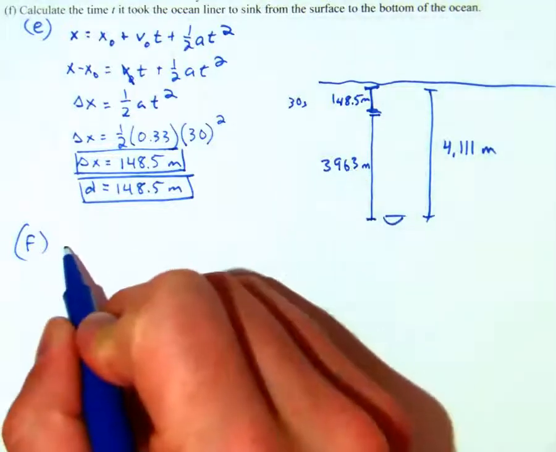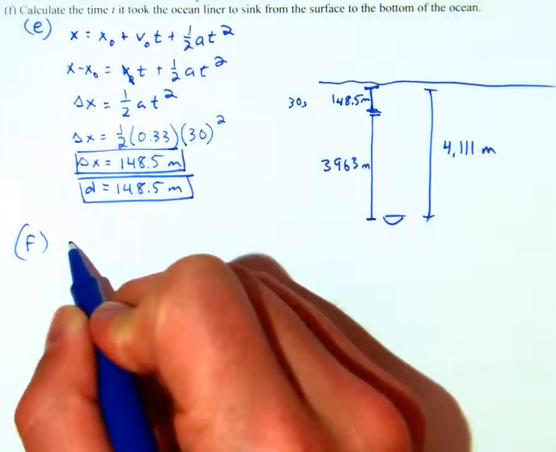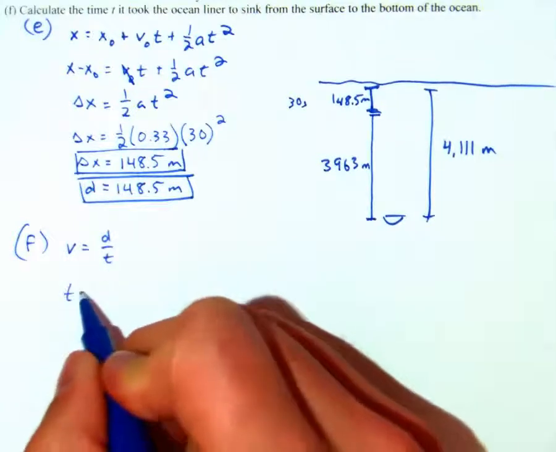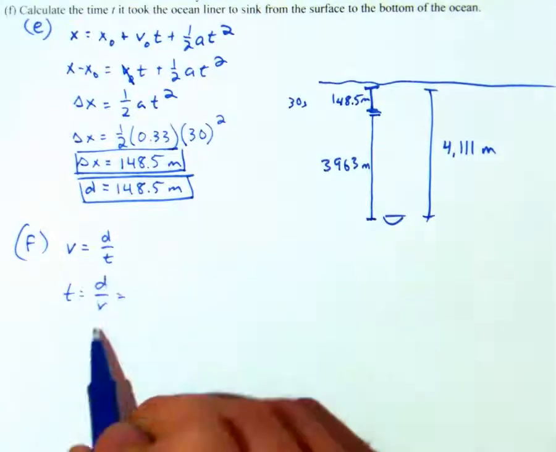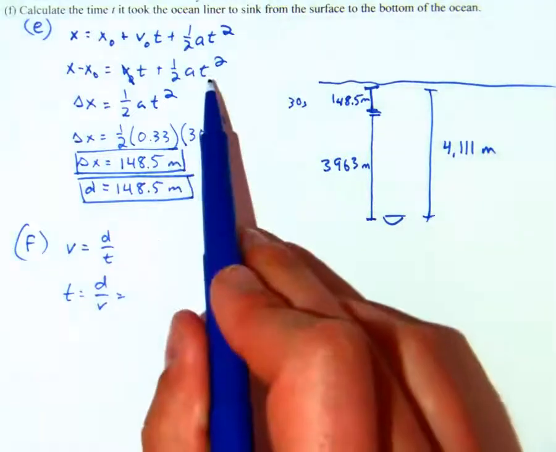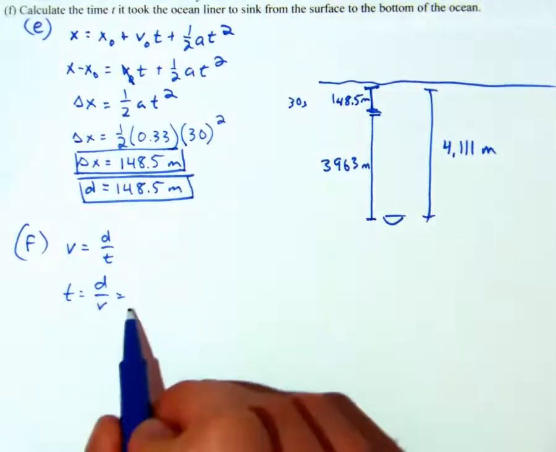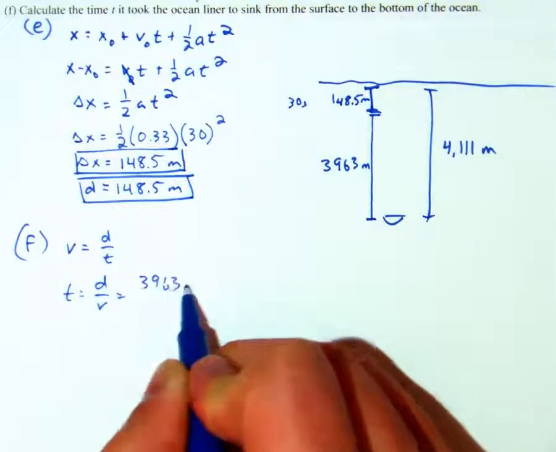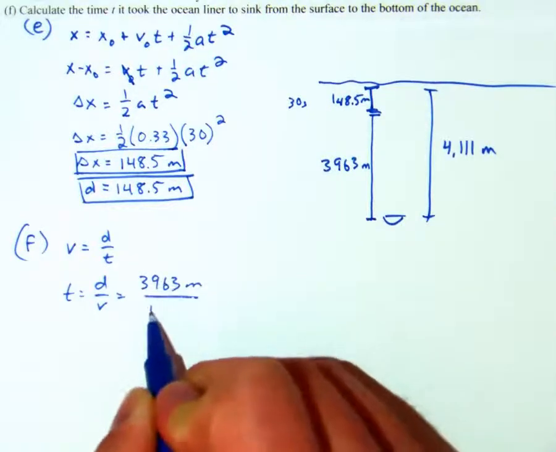And remember, the terminal velocity is 10 meters per second. So if I'm trying to find the time, I know that velocity is distance over time, so time is just going to be distance over velocity. Because it's a constant velocity, it's not changing, I don't have to take into account my acceleration here. So the total distance traveled is going to be 3,963 meters. The velocity is 10 meters per second.